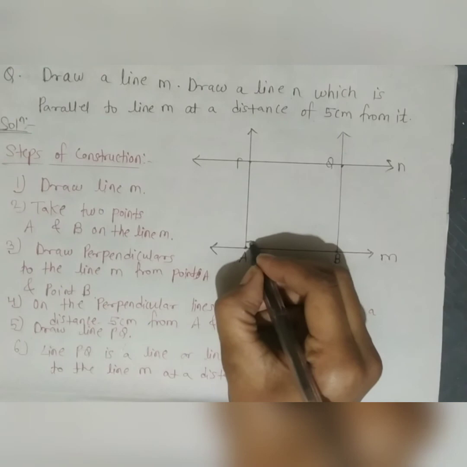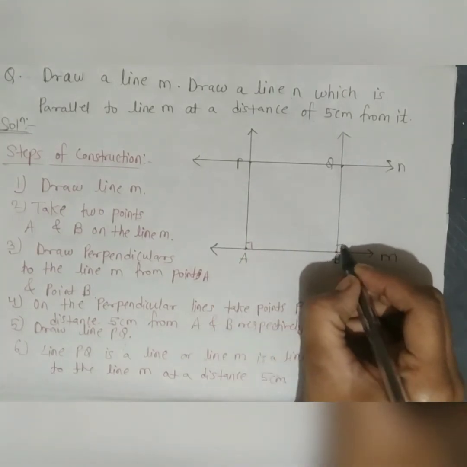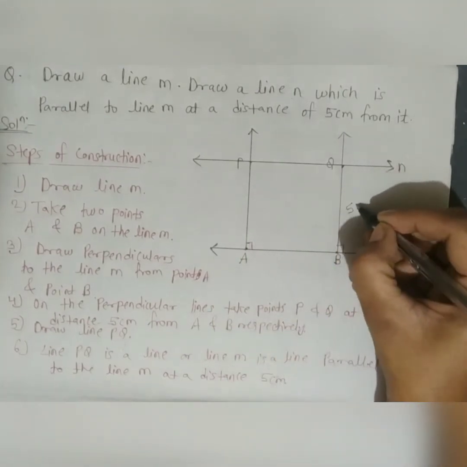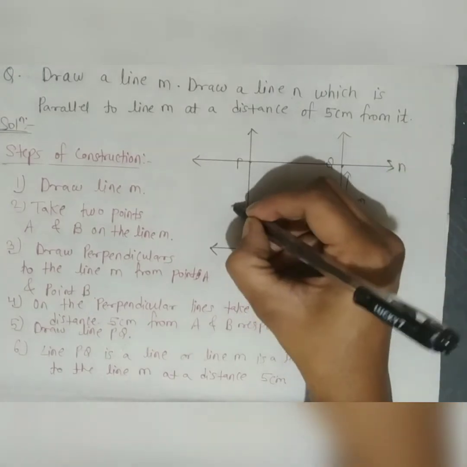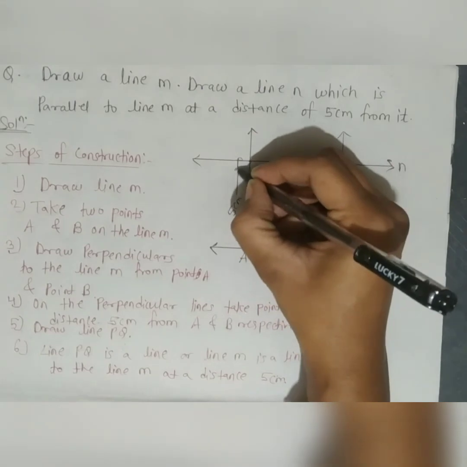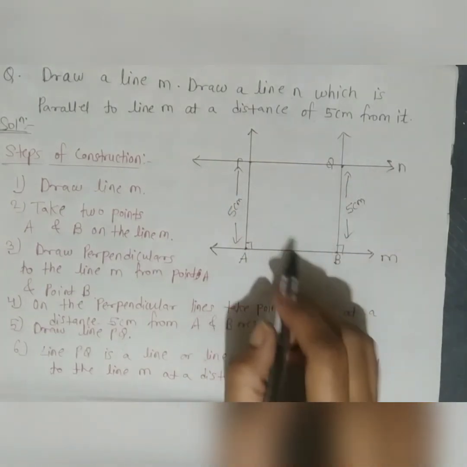This is perpendicular. Here, this is making a distance 5 centimeter, and also its distance is 5 centimeter. This is our final solution.